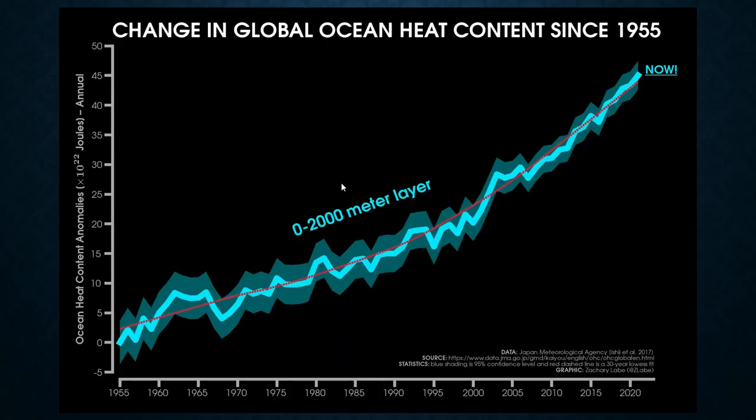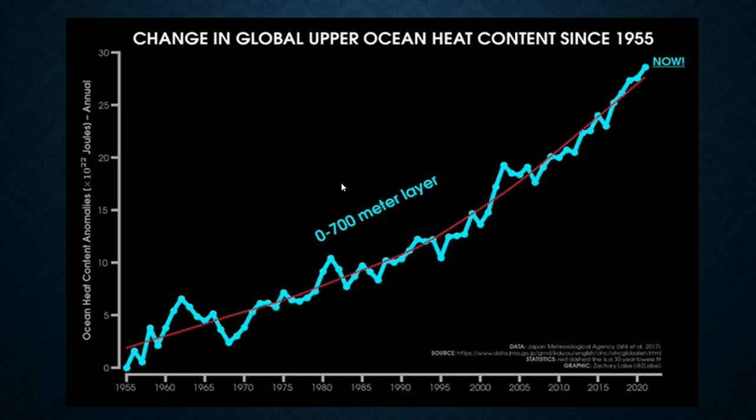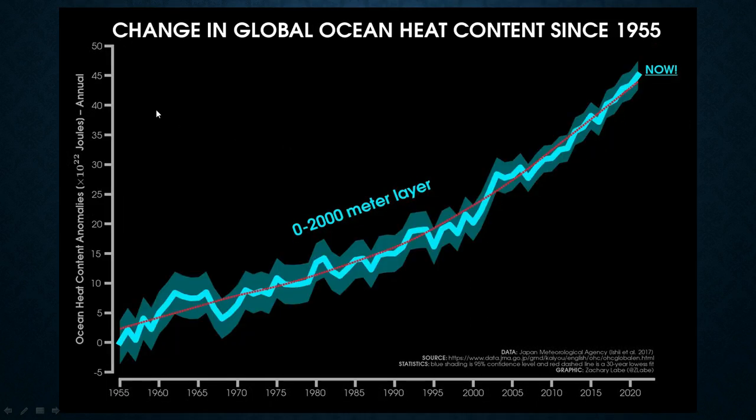And now we're looking at the change, so the anomalies, again 0 to 2,000 meters, and then 0 to 700 meters. You can see that the change is almost 30 times 10 to the 22 joules. Overall, it's about 45 times 10 to the 22 joules.